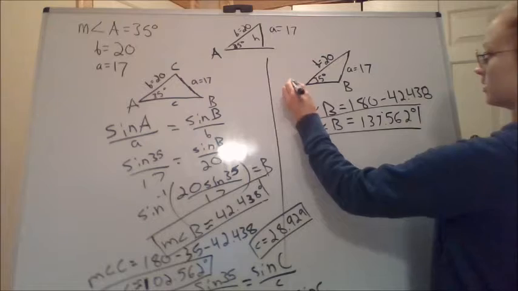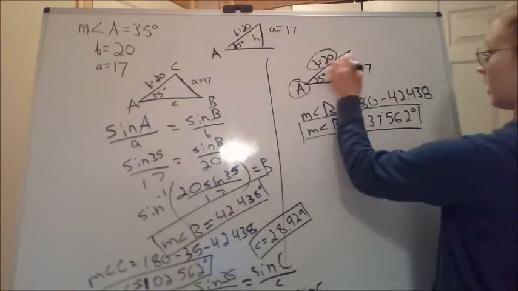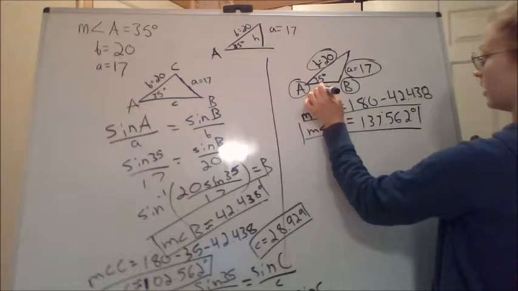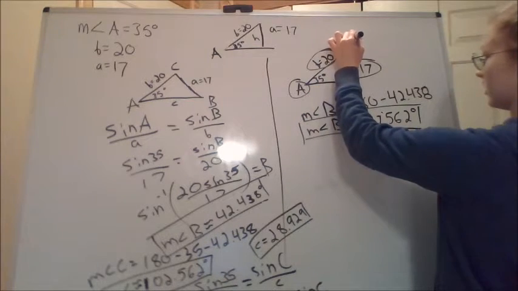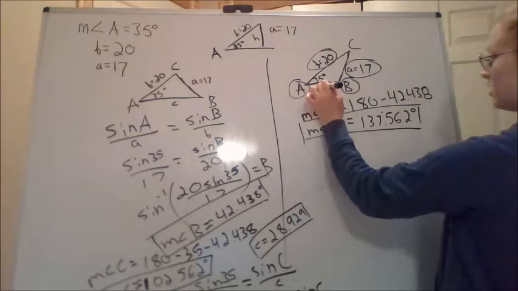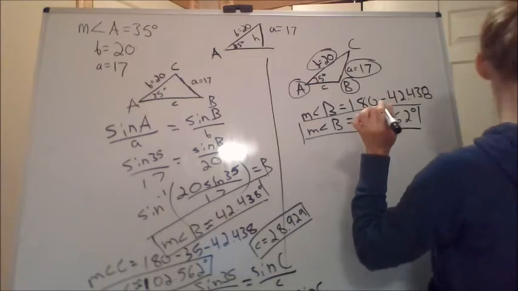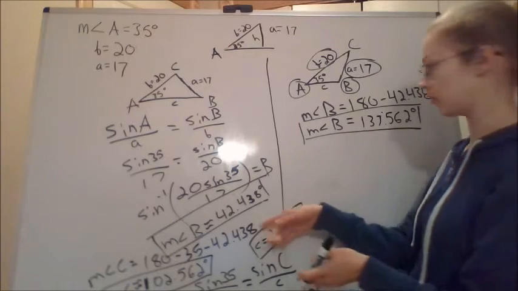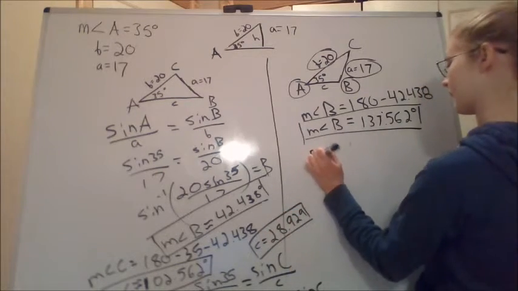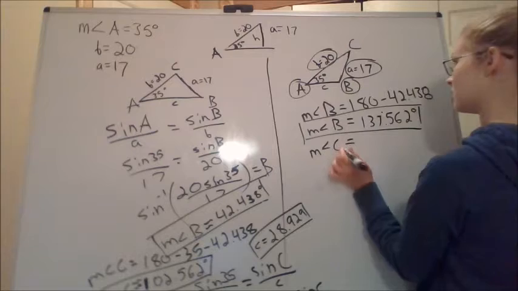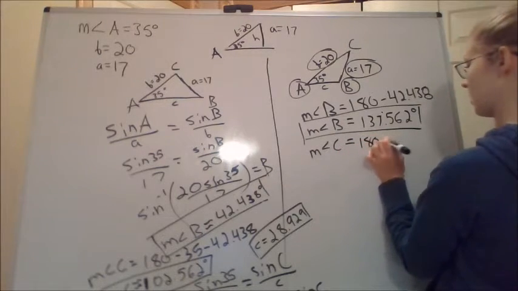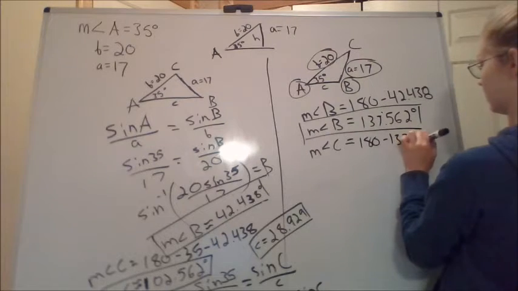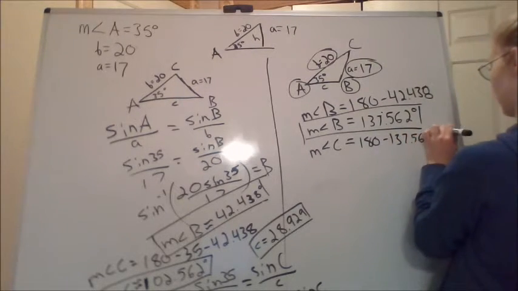So we have that, we have that, we have that, we have that. All we need is this right here, angle C, and side C. So we're going to find angle C very similarly to how we found it over here: measure of angle C is equal to 180 minus 137.562 minus 35.